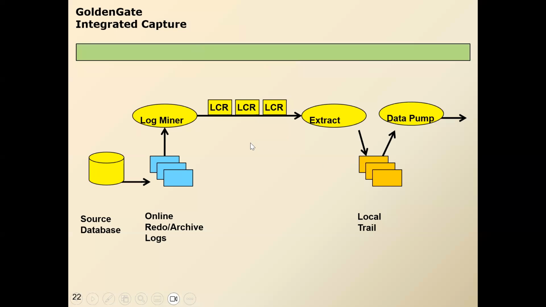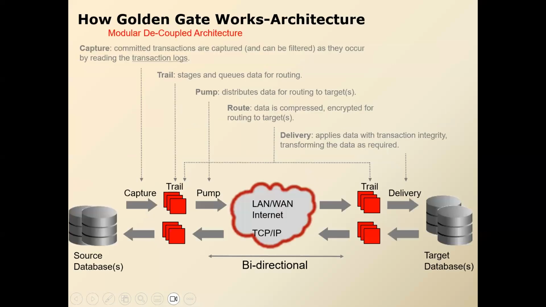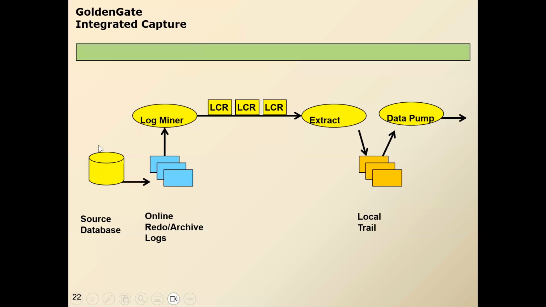The difference between classic and integrated extract is that classic extract directly connects to the source database. It reads the transaction log sequentially, captures those changes and writes them to the local trail file. However, in the case of integrated extract, the log miner does this task. Log miner passes on the changes to the extract.